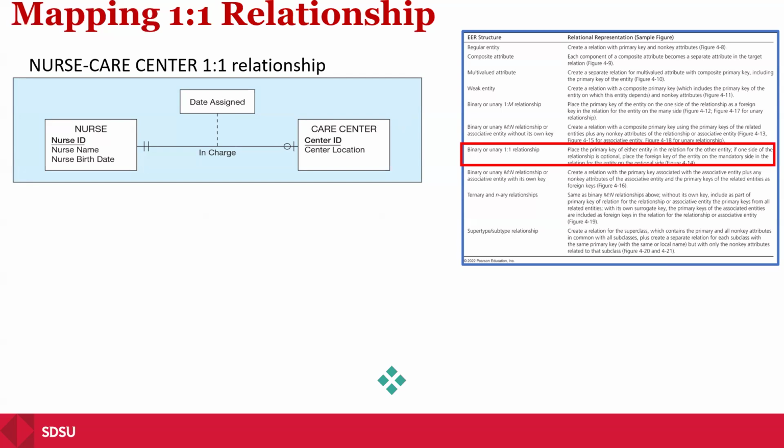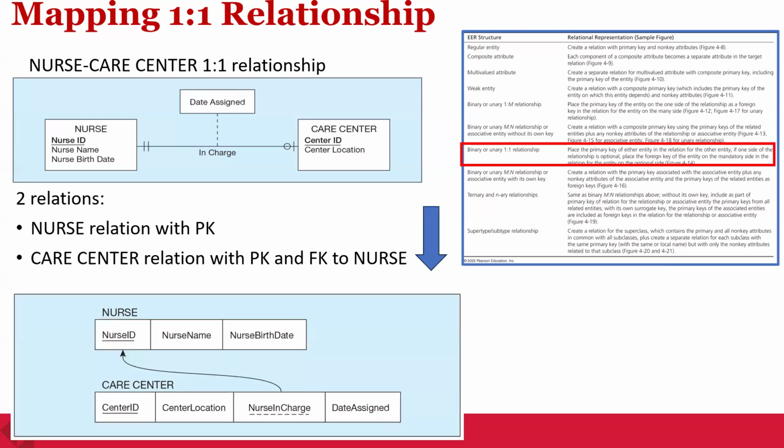So in this case, a one-to-one relationship, which is optional on one side and mandatory on the other side, will translate in logical design into two relations, nurse and care center. As you can see, we also need to add nurse ID as a foreign key to care center.